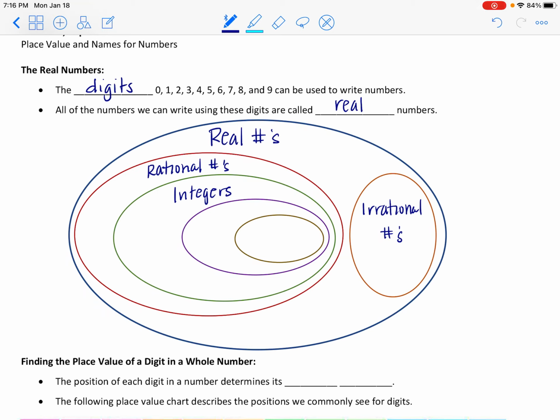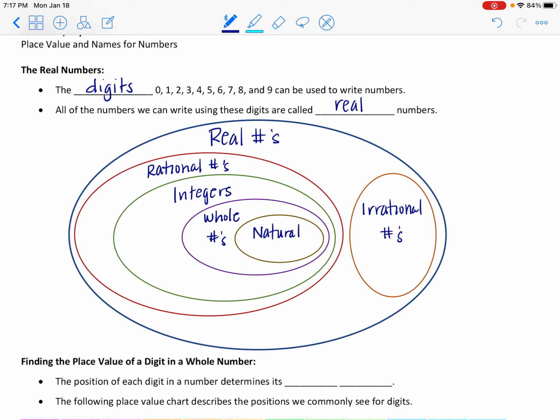Now, if we got rid of the negatives and we were just looking at 0 and 1 and 2 and 3 and 4 and so on, then we have a group called the whole numbers. And then if we got rid of the 0, we just started with the counting numbers, like 1, 2, 3, 4, 5, 6, and so on, we call those the natural numbers.